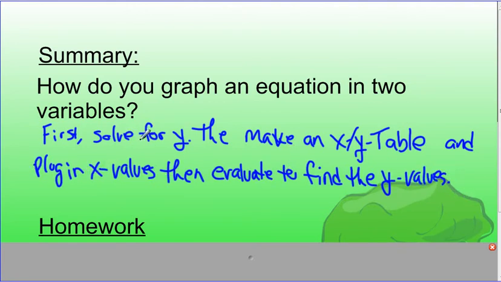So first you solve for y. That's when we got the y variable by itself. Then we made an xy table, and we plugged in some x values into the equation, and then found out what those y values were, then plot the points.